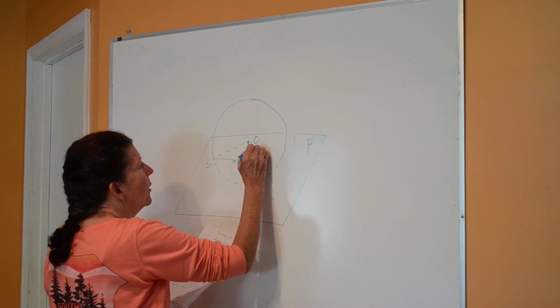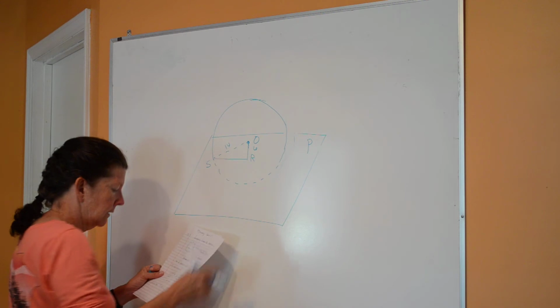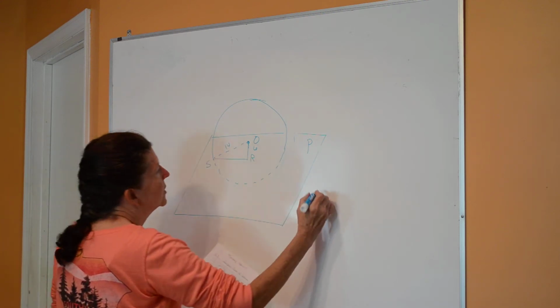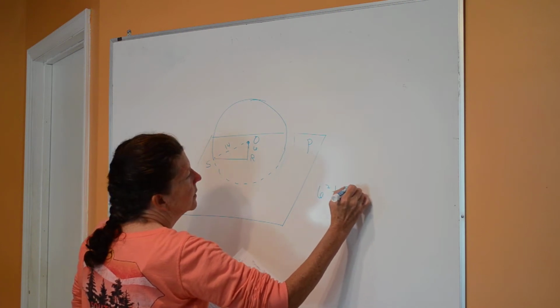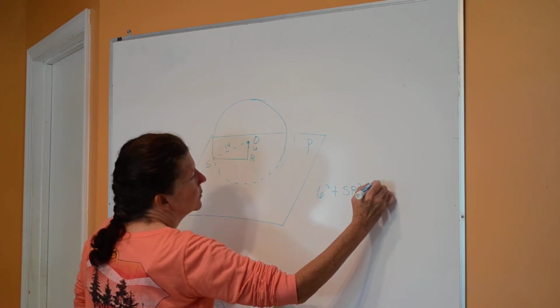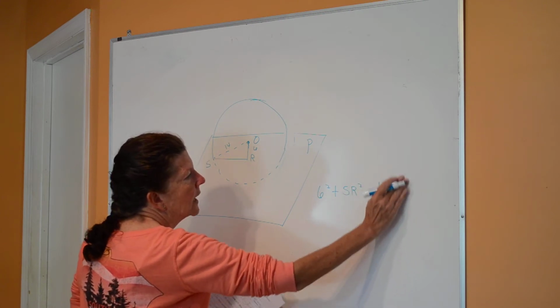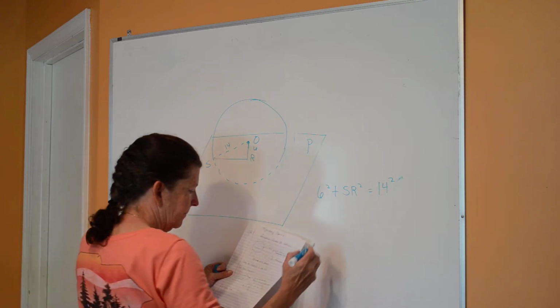It says OR is 6. It says OS is 14. And you're trying to find RS. So the 14 is your hypotenuse. So I have 6 squared plus SR squared is equal to 14 squared. And just use your Pythagorean theorem to figure it out.